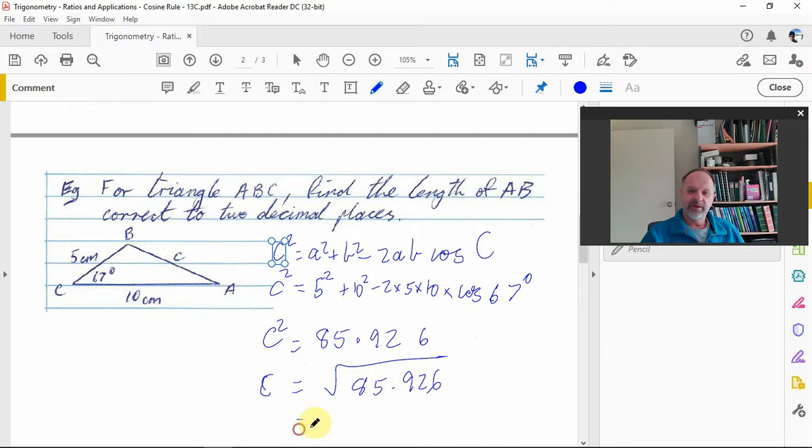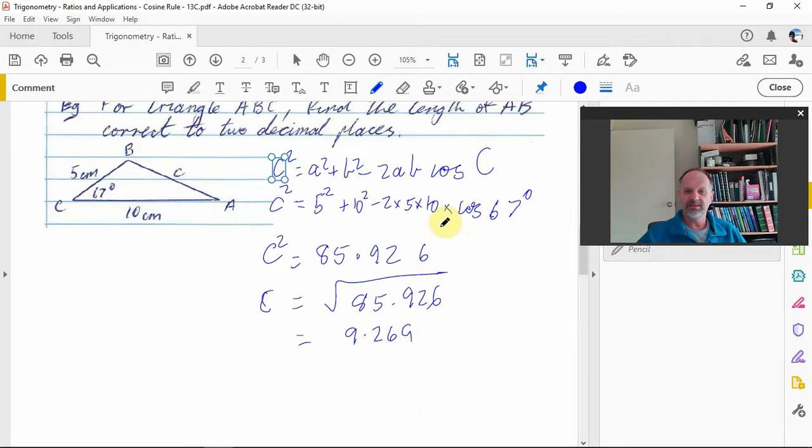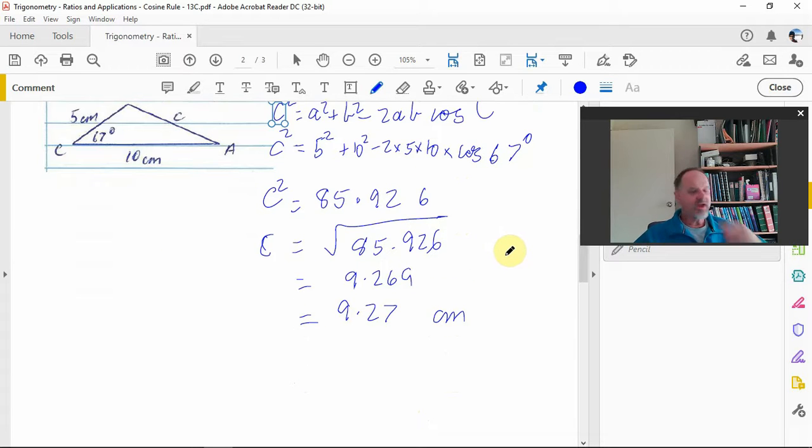And when we do that, we get 9.269, and we are told we want it to 2 decimal places. So 9.27 when we round it up, and centimetres. All right, so there's how we go about finding a side.